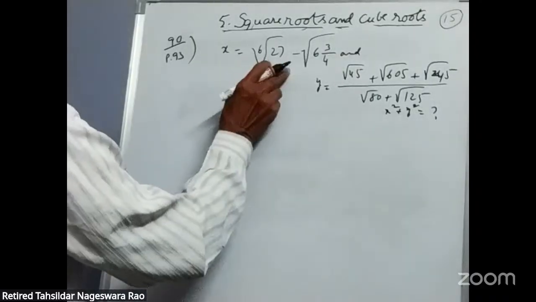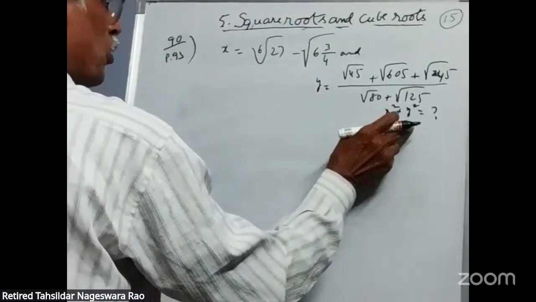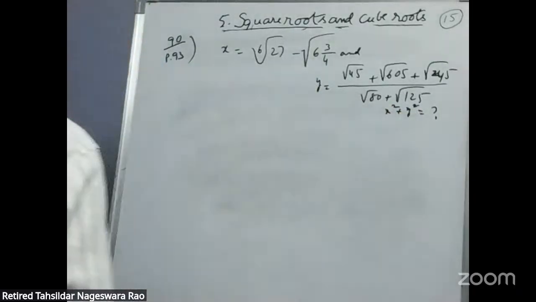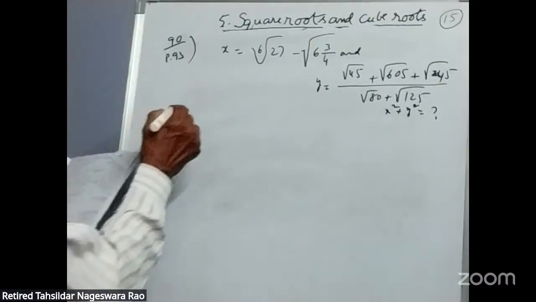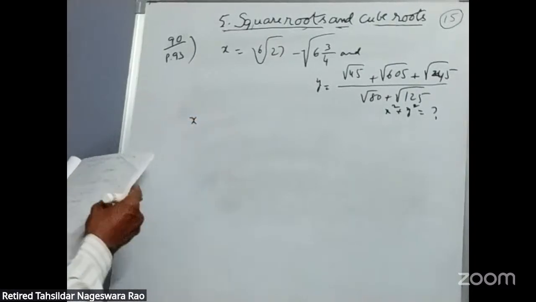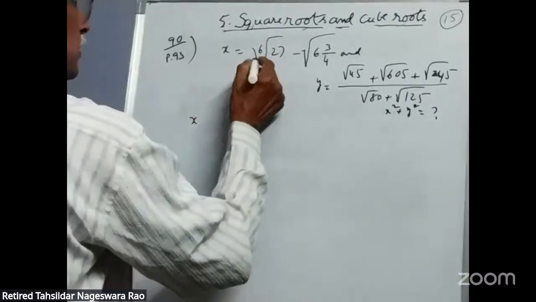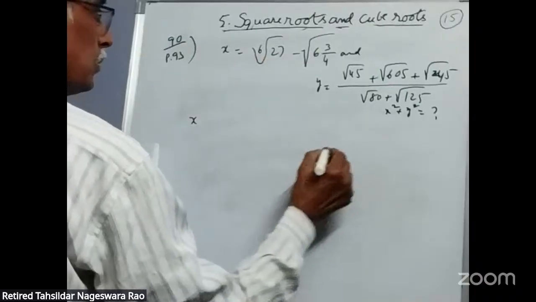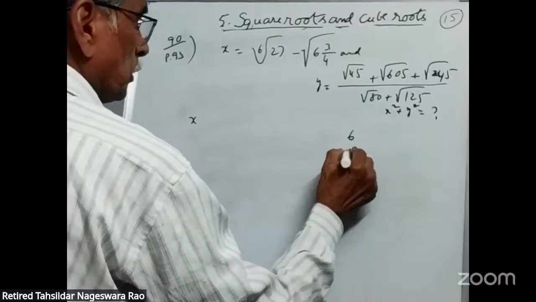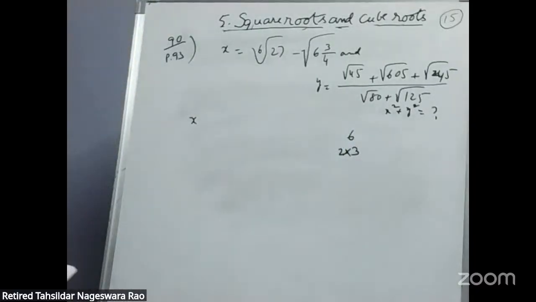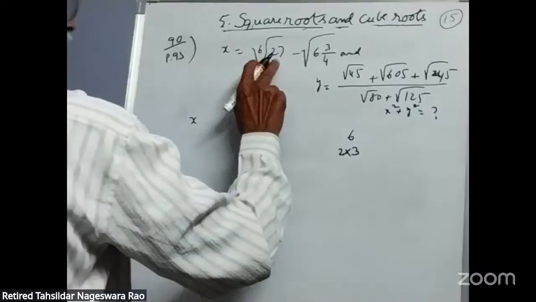You have to simplify x and simplify y. Finally, you give the answer for x square plus y square. Okay. Next. Here, 6 is 2 into 3, and 27 is already 3 cube.